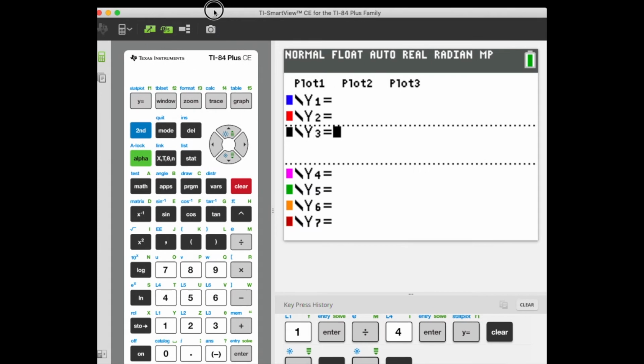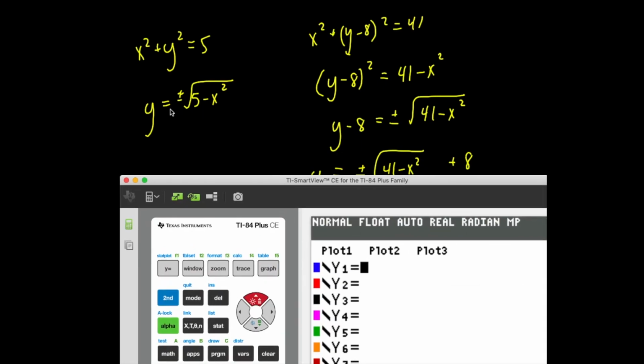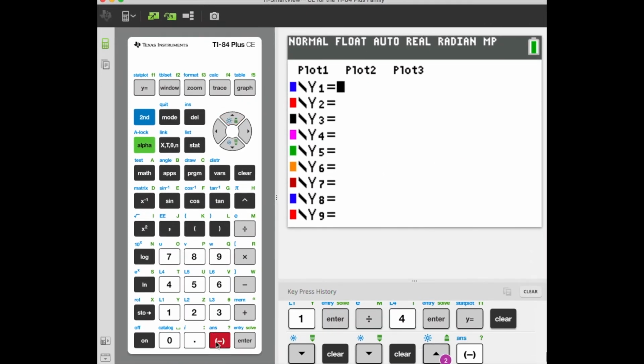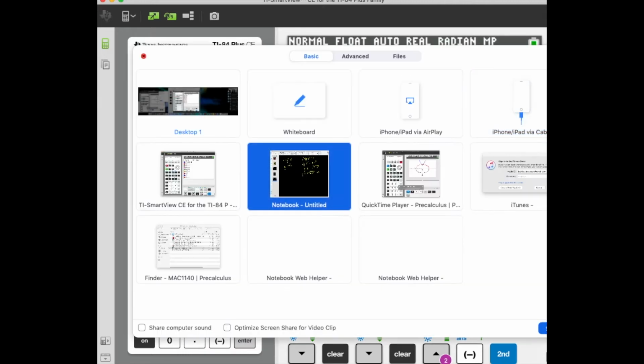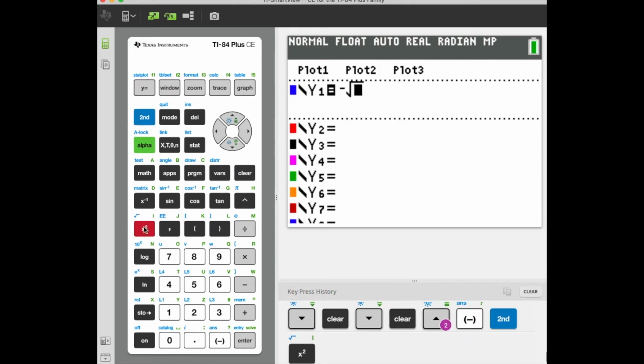So let's put that on my calculator. Let's do both of these. The first one is the negative square root of 5 minus x squared, so the opposite of the square root, and then the positive version, the square root of 5 minus x squared.